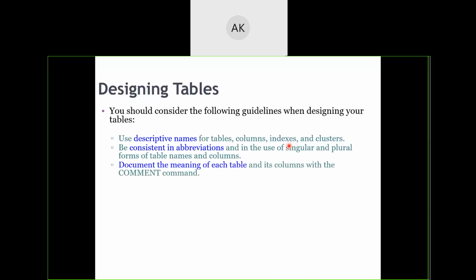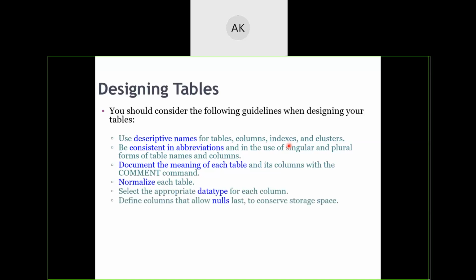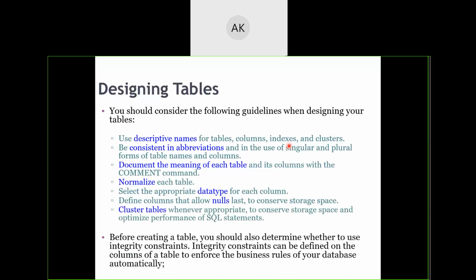Document the meaning of each table, why we are creating it, how many columns were used, and why only those columns. Create tables without any redundancy, so normalize them. Select appropriate data types for the columns. Wherever data is missing, put null. Whatever tables are interrelated, cluster them together. These guidelines will help us manage tables in a better way.